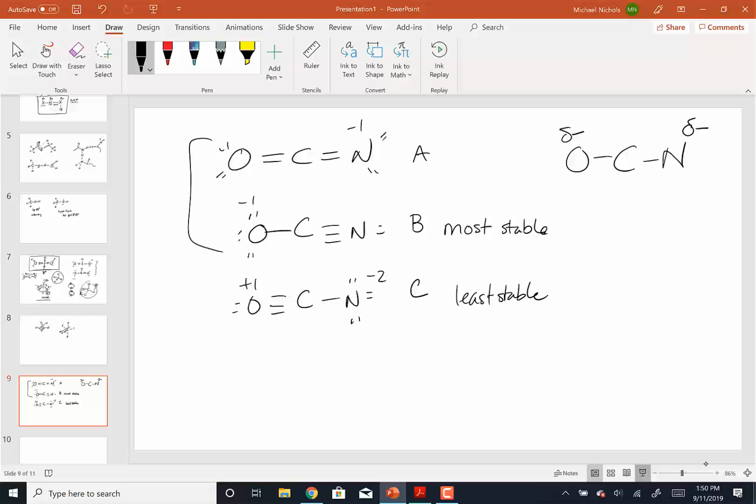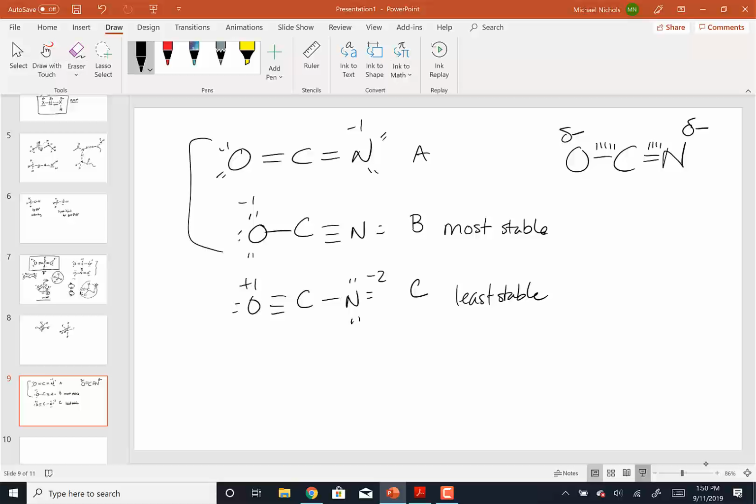So the OC bond, double and single, is in between: a partial double. Nitrogen, triple and double, is in between a triple bond and a double bond. We use the dotted lines to indicate partial bonds, and the delta symbols to indicate partial charges. And that would be our resonance hybrid.